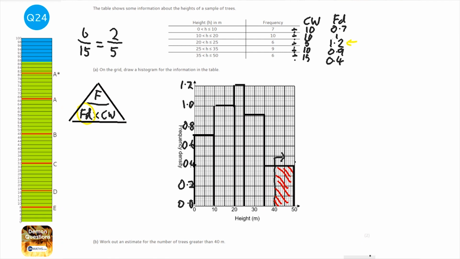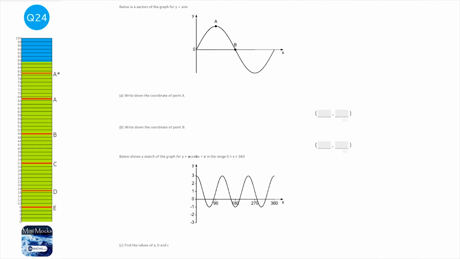So we're looking for 2/3 of that 6. Well, 2/3 of 6 is just going to be 4. The answer to question B is 4, because there's 6 in total and we're looking for 2/3 of it.